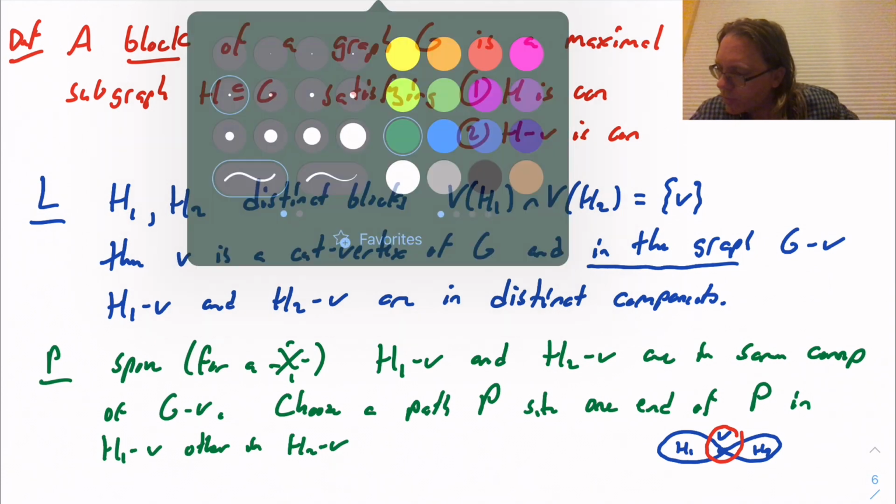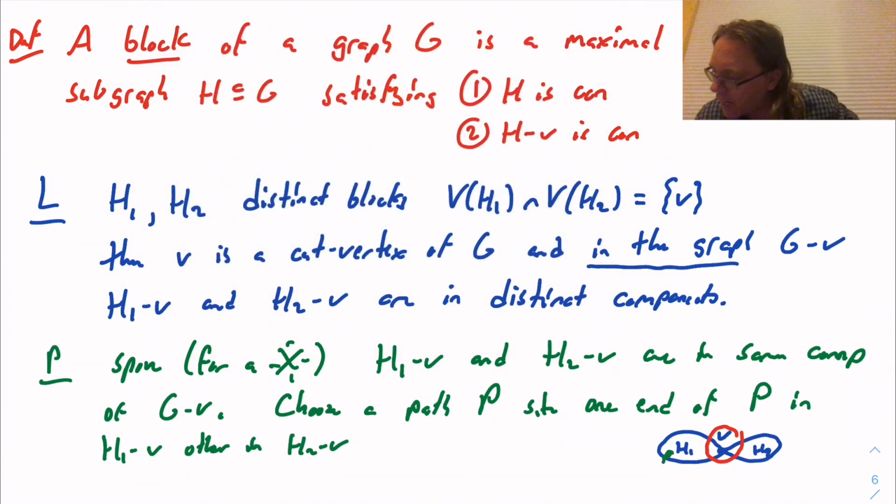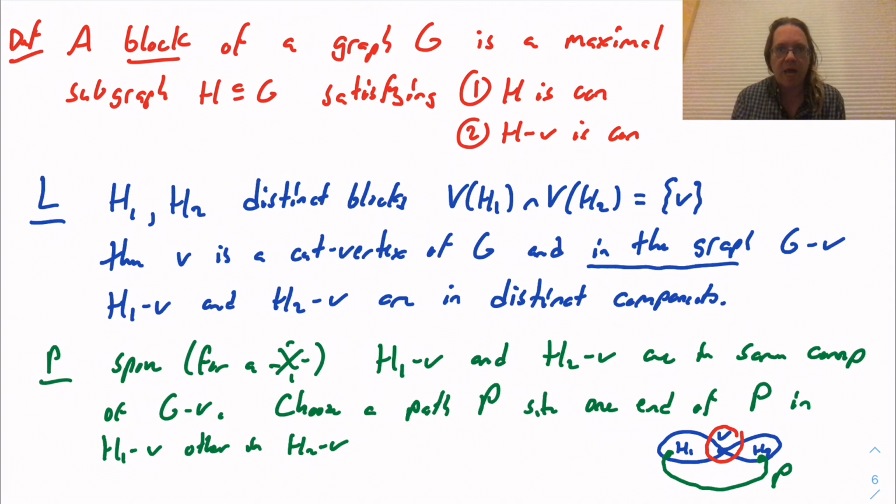After removing V, we could then find a path in the graph that goes from H1 to H2. And if you take P to be a minimum length path of that form, then it really will look like this. There will be no internal vertex in here that's in H1 or H2, because that would have allowed you to shorten the path.